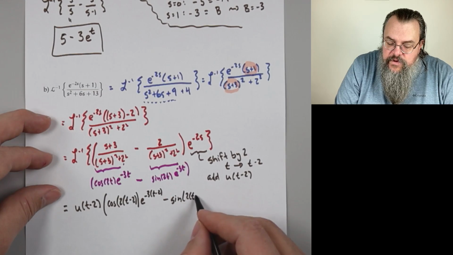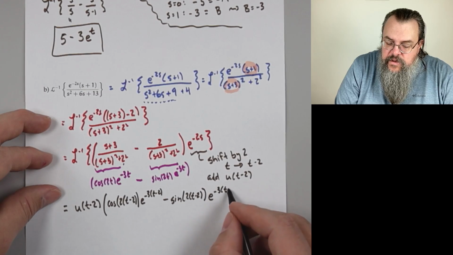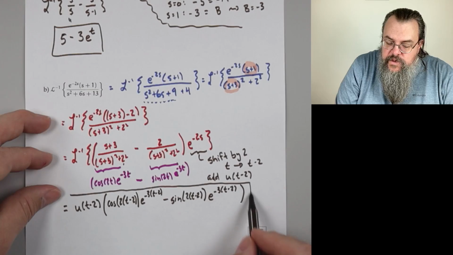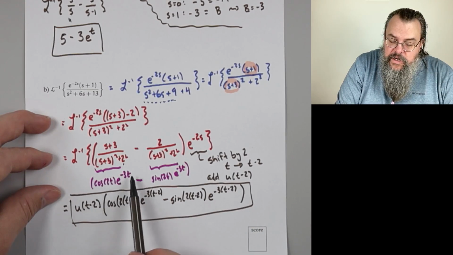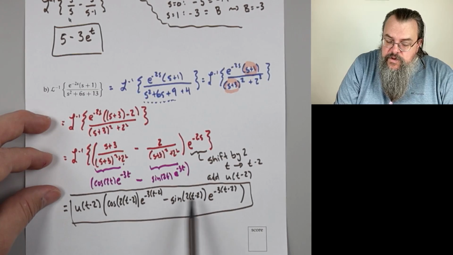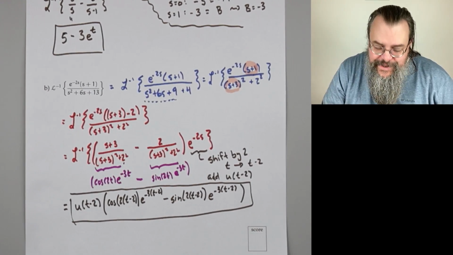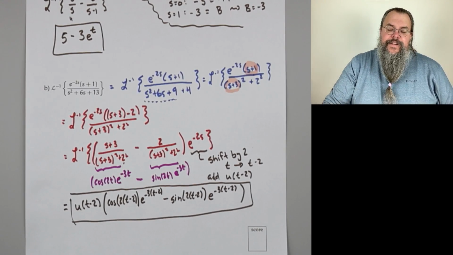And so don't forget them. There we go. So we just added the u of t minus 2 at the front, and everywhere where we saw a t, we replaced it with t minus 2, adding the parentheses to make sure we wouldn't lose anything along the way. Good. Nice.